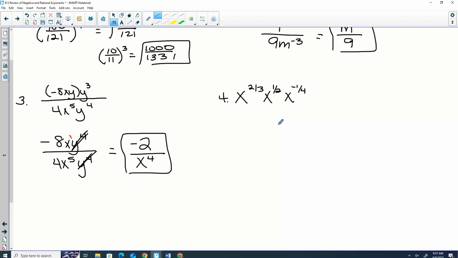All right, and number 4. If we are multiplying, but the x is written each time, what do we do with those exponents? Add them. Use calculator if you need to. 2/3 plus 1/2 plus -1/4.